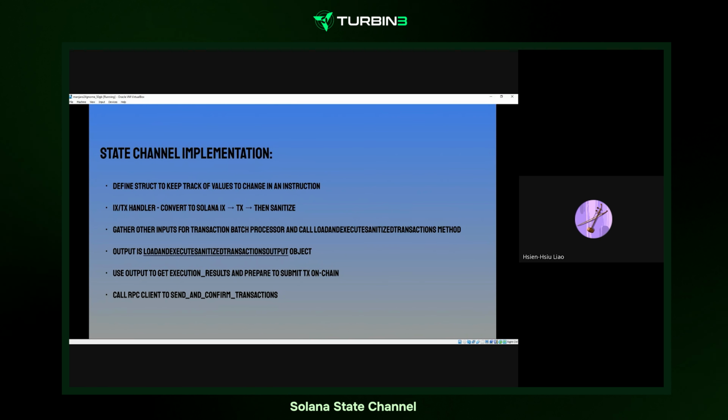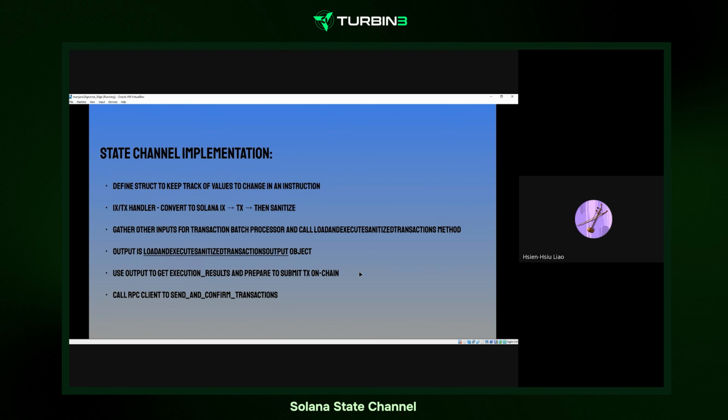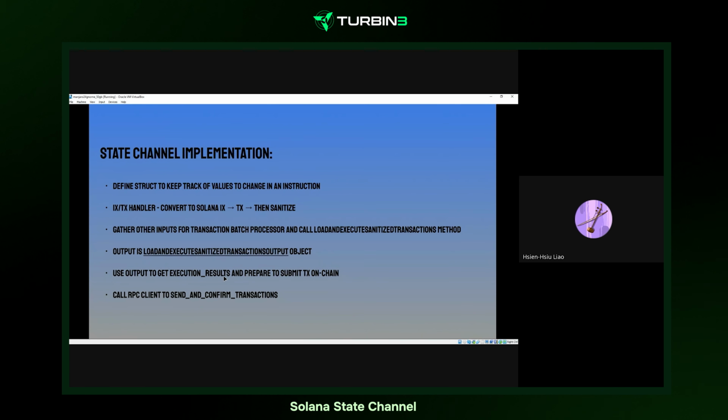And once you have done that, then you can call this load and execute sanitize transactions method, which will process these transactions and give you an output. This output object, the loaded execute sanitize transactions output, will have information regarding any errors and execution results, and so you can use that to process or filter according to your needs.